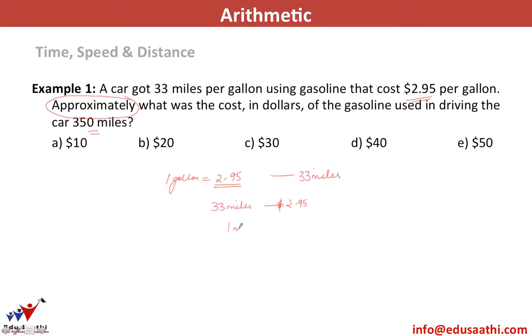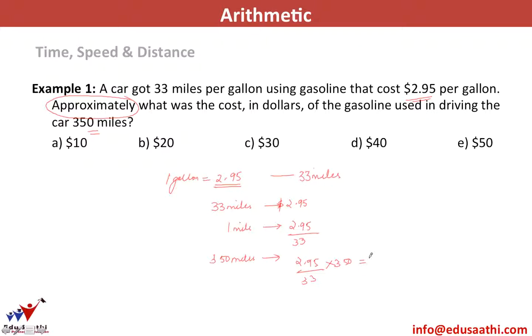To travel 1 mile, the amount spent will be 2.95 over 33. And in order to travel 350 miles, the cost per mile, 2.95 over 33, into 350 is what you need to calculate.